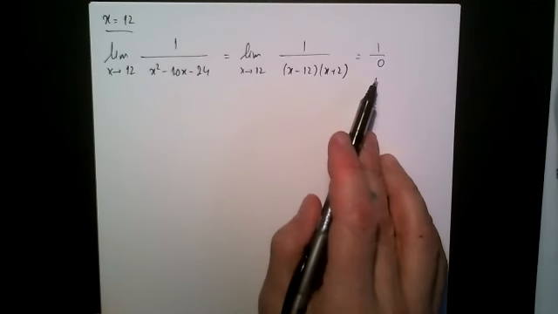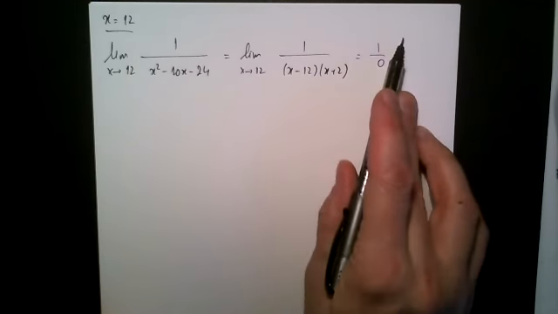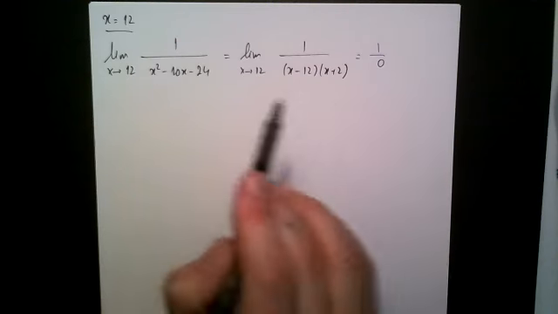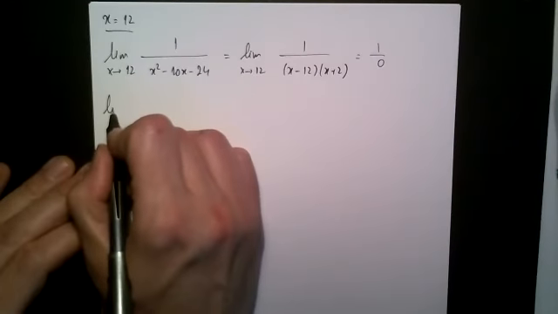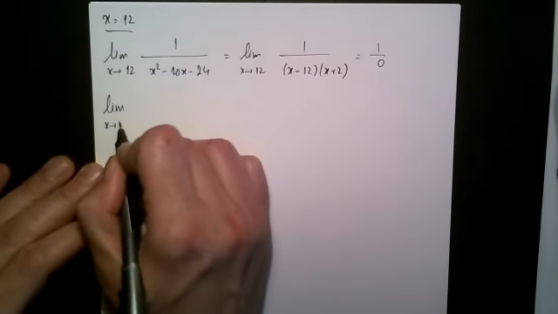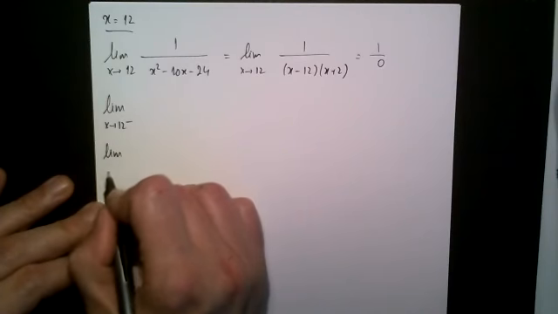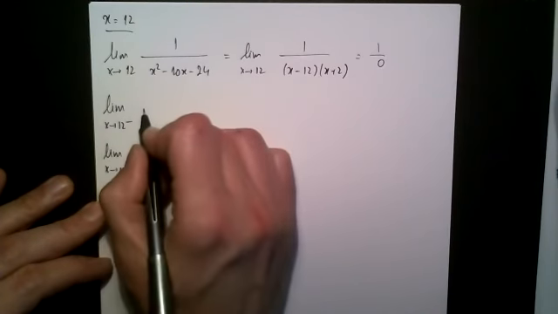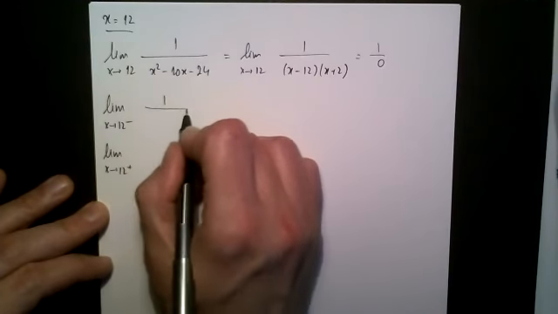So it's going to be a vertical asymptote. Okay, so it's either plus infinity, minus infinity, or does not exist. Let's do both sides. x approaches 12 from the left, and x approaches 12 from the right.